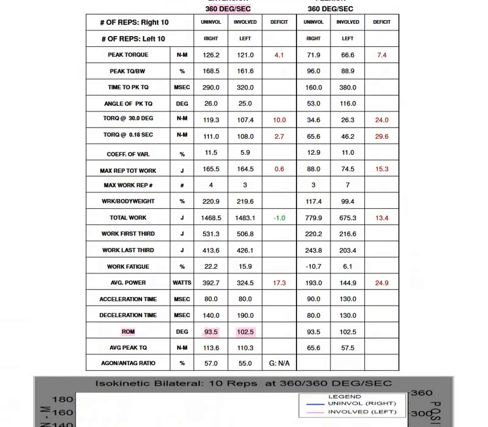So I would use this along with the coefficient of variance and the max work repetition. I always get these two confused. Use them as a hallmark of the quality of the test that was performed. With a high coefficient of variance, again it varies, but anything over 15 is usually seen as poor.